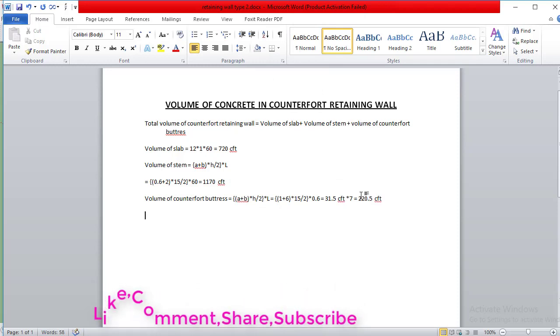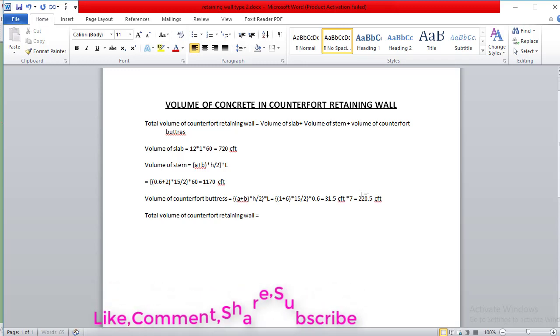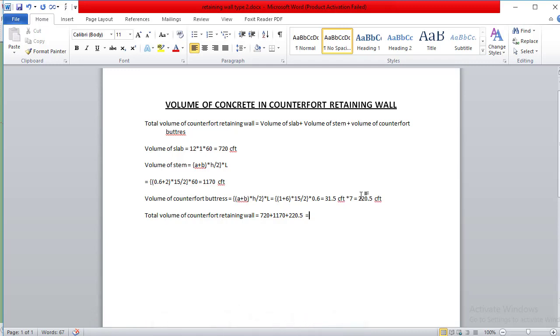So now the total volume of a counterfort retaining wall is equal to the volume of slab, which is 720 CFT, plus the volume of stem, which is 1170 CFT, plus the volume of counterfort buttress, which is 220.5 CFT, and I will get the total volume of concrete for a counterfort retaining wall, which is 2110.5 CFT.